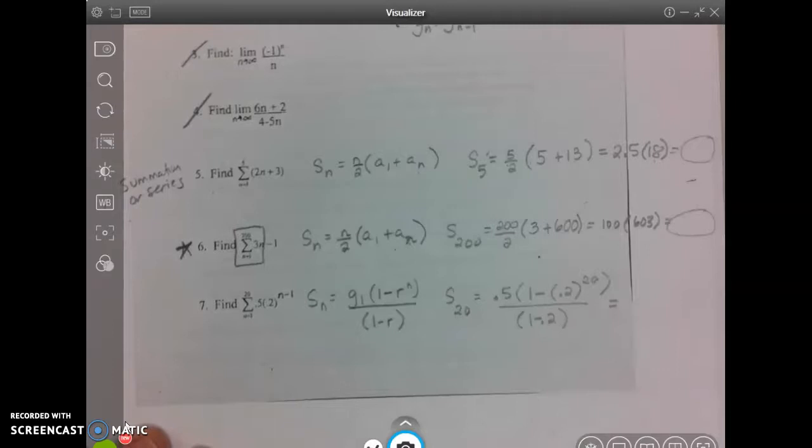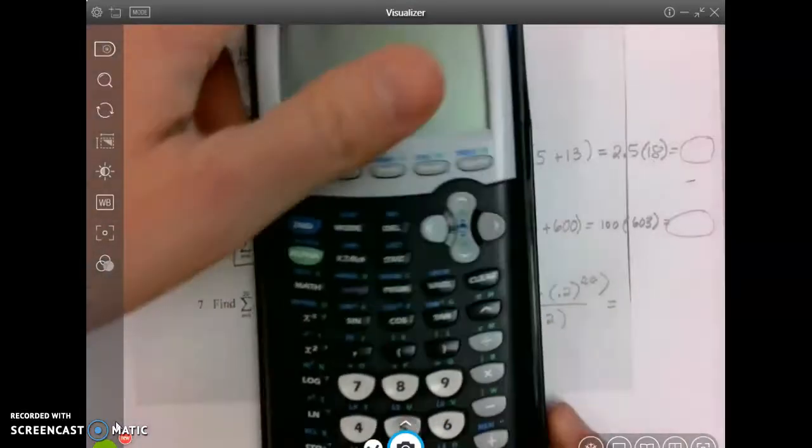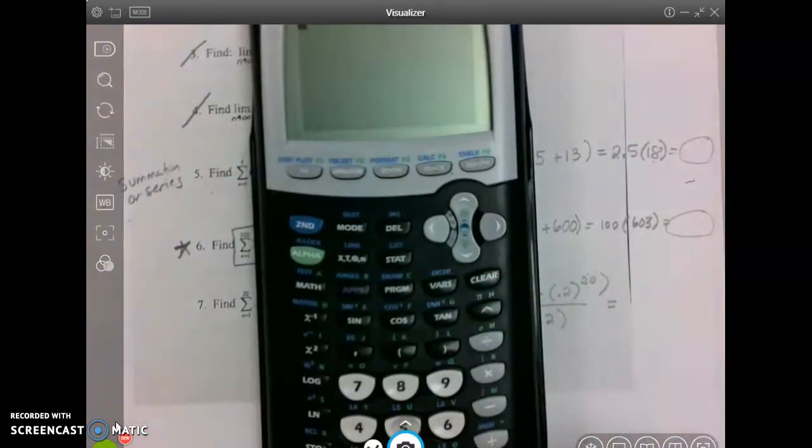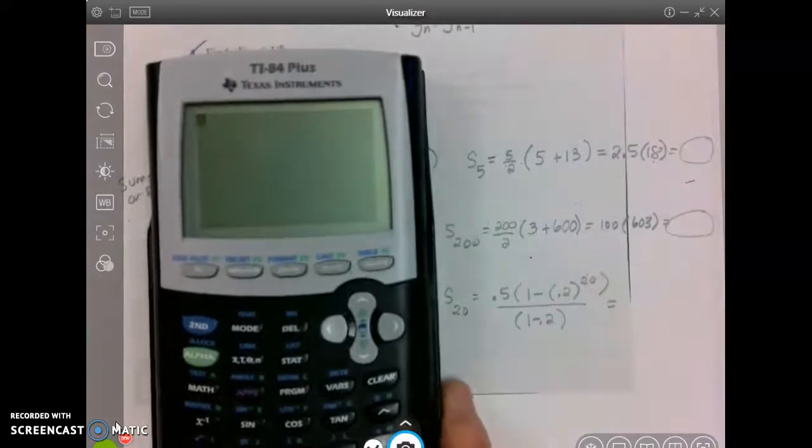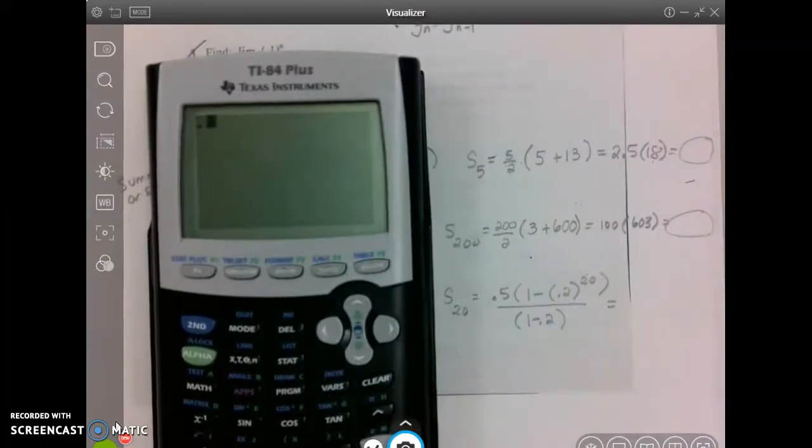And I'm going to use my calculator here. Get my calculator out. All right. So let's see what I've got here. I'm going to have 0.5 times 1 minus, in parentheses, 0.2 to the 20th. That is my numerator.